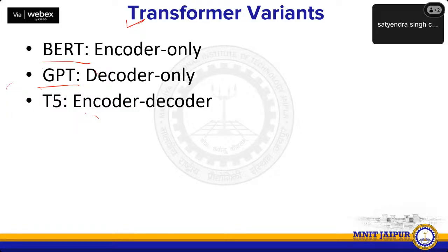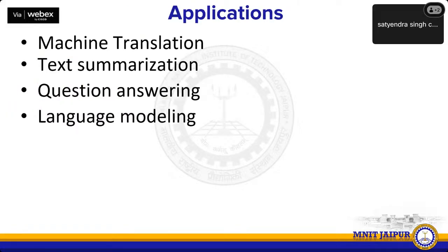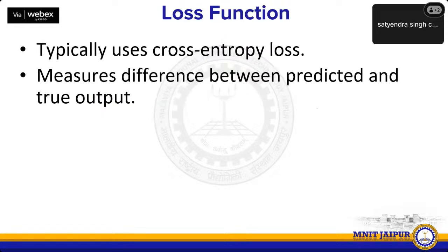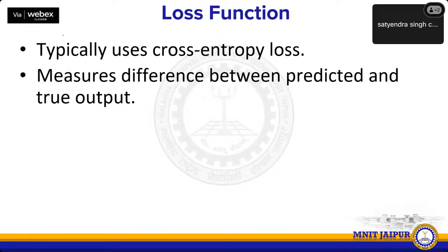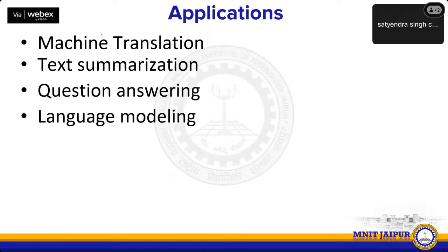So it depends what the task at your hand is. Usually you train using the teacher forcing approach to make decoding parallel. Typically you use cross entropy loss, and you measure the difference between predicted and true output. This becomes your loss function. And you have different applications like machine translation.